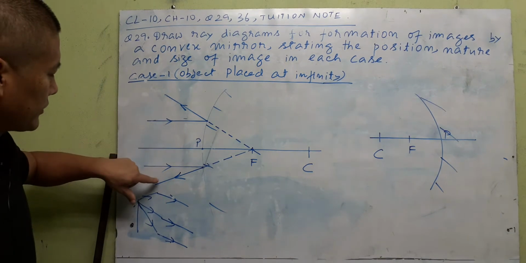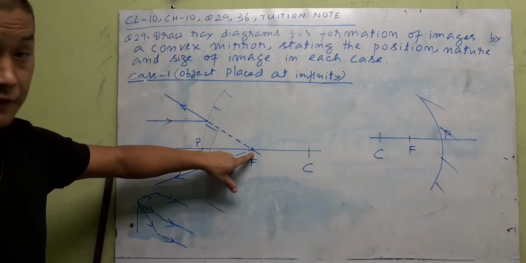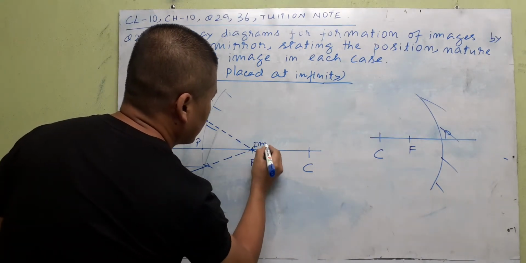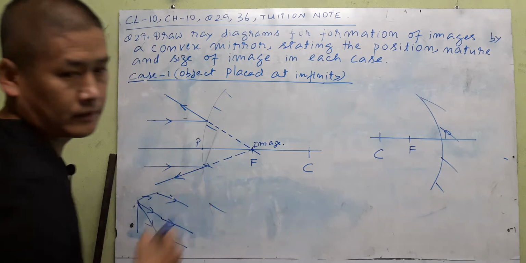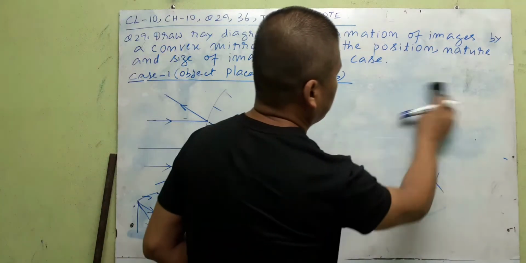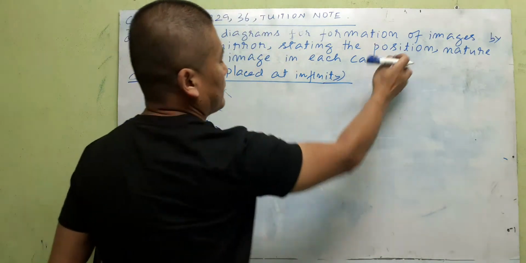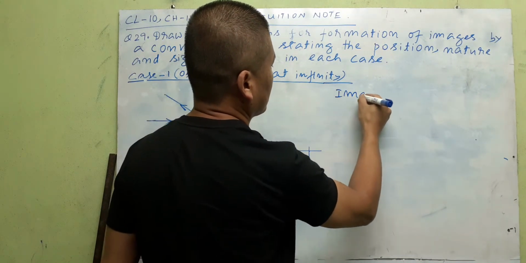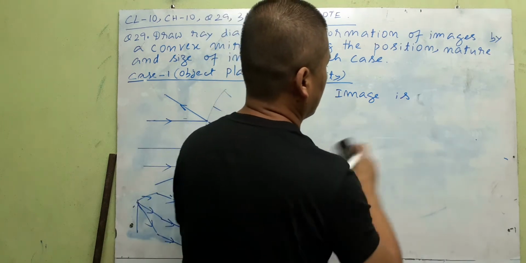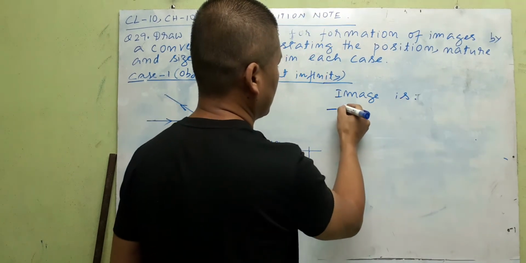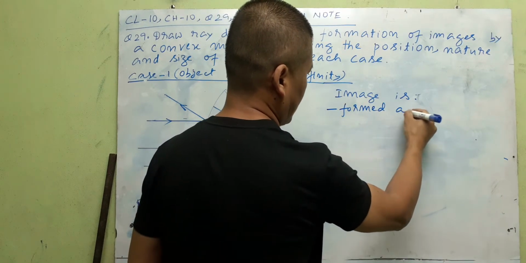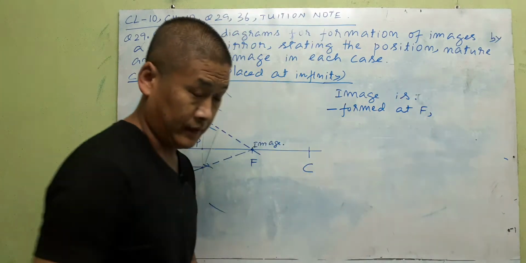These two reflected rays look as if they're coming from the same point here, see, from the focus. So the image is exactly at the focus, right? So it forms on the right side at the focus. So let us write like we did for concave last time. Position first, is formed exactly at F, right?